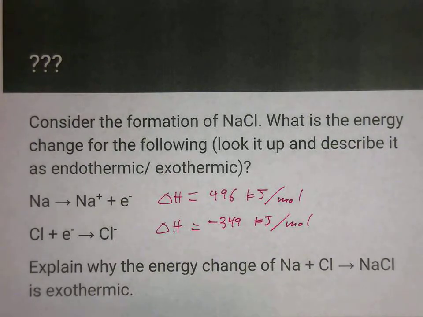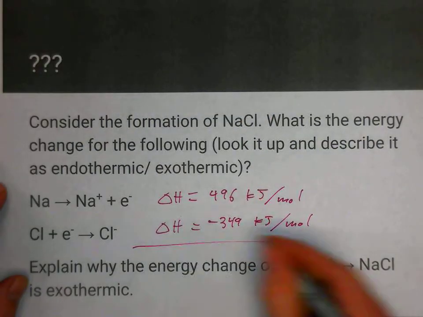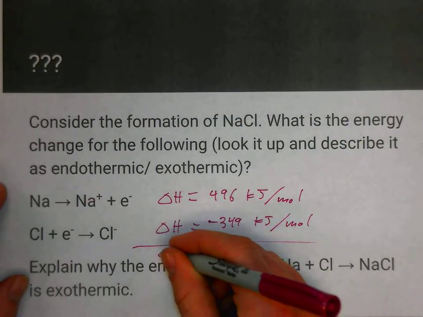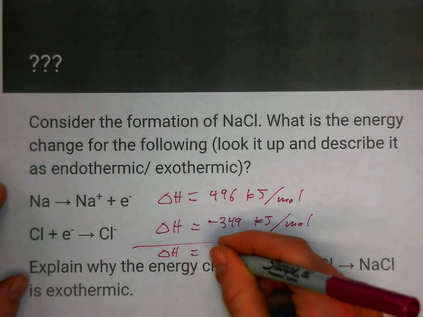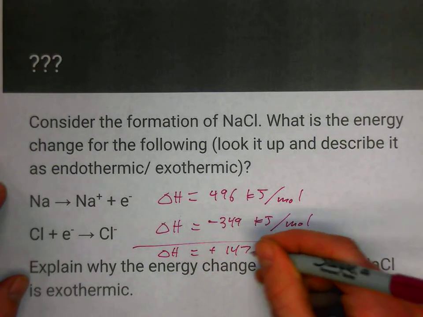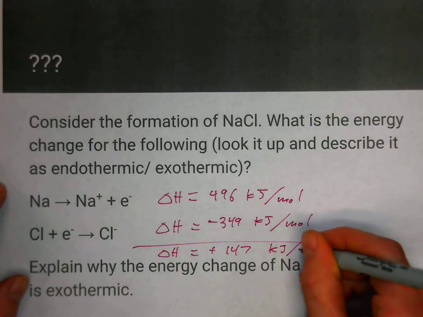So looking at that, if you do the math on it, we would find that the overall enthalpy is going to be a positive value. If we did 496 minus 349, you're going to get positive 147 kilojoules per mole.